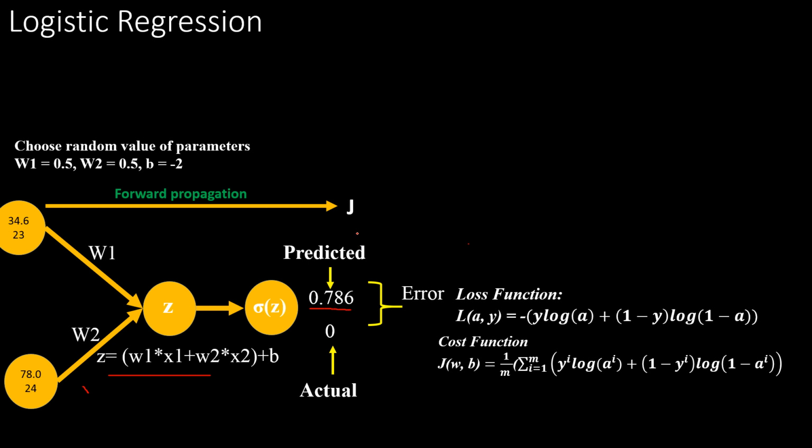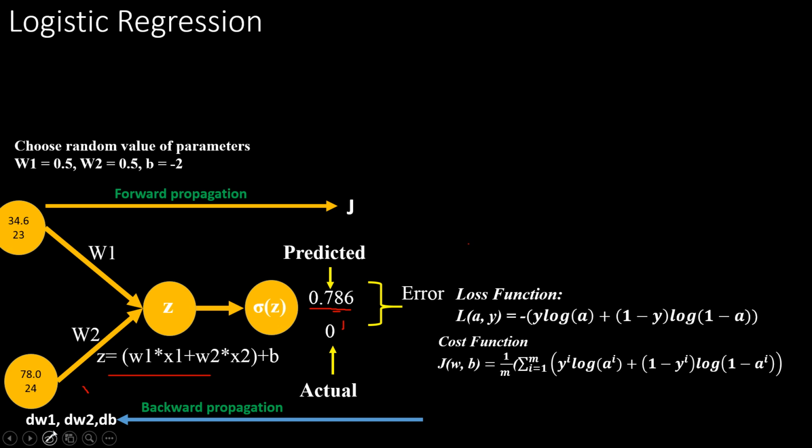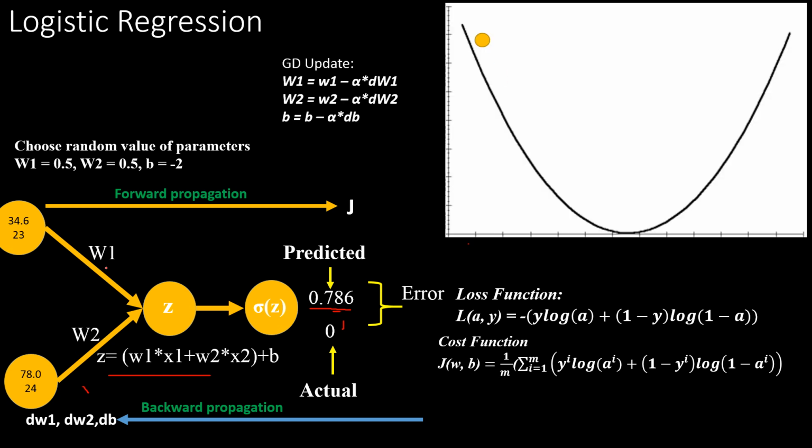Then we'll compute a cost function J, which computes how wrong we are compared to the actual value, and this cost function is then fed backward, telling how much error we are making, to compute dw1, dw2 and db, which are the change in J with respect to w1, w2 and b. These are the changes that need to be made for this iteration, and then we'll compute the new values of w1, w2.